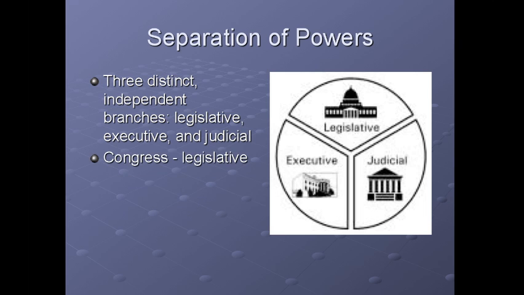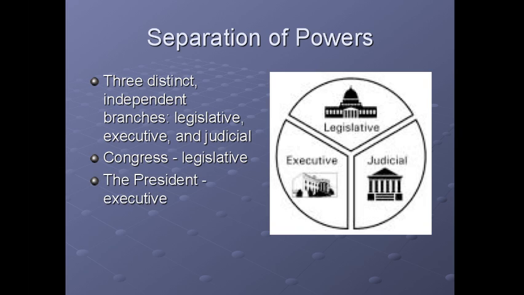Just to be a little more specific, and this is probably a review for most of you, the legislative branch is represented specifically by Congress. That is our lawmaking body. Congress is bicameral, meaning it is made up of two different houses, the Senate and the House of Representatives.